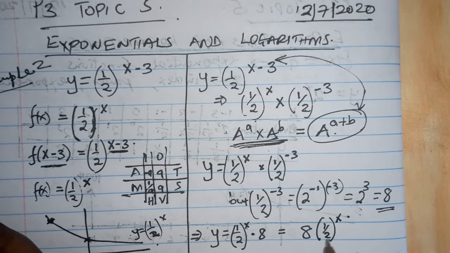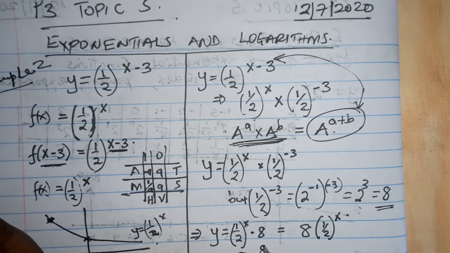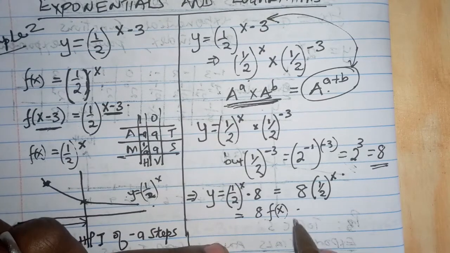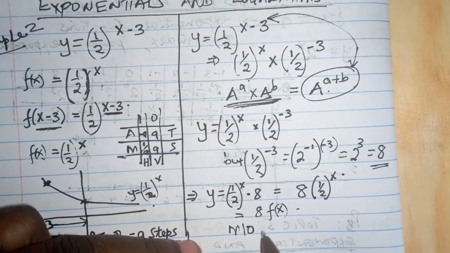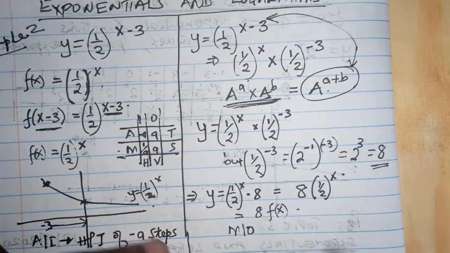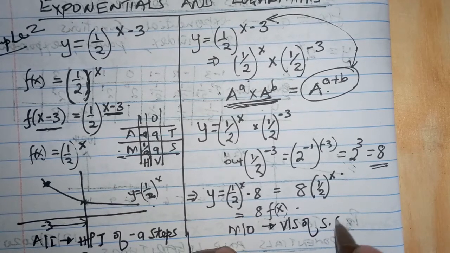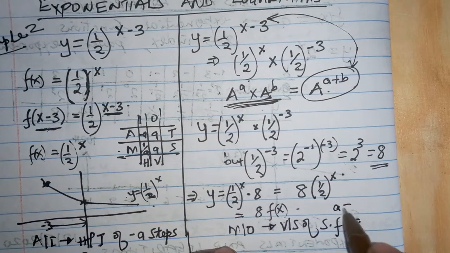And since this was a function of x, then we are going to have 8f(x). Look at this, this is multiplication outside, and multiplication outside is vertical stretch. This is a vertical stretch of scale factor 8, because our a is 8.